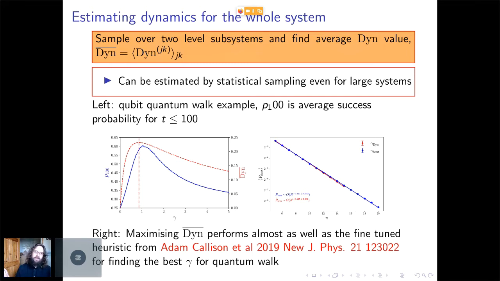That's all efficient, and you have some sampling error, and you can show that that's all efficient, and it all just kind of works, and will work for larger sizes than you can fully simulate numerically.